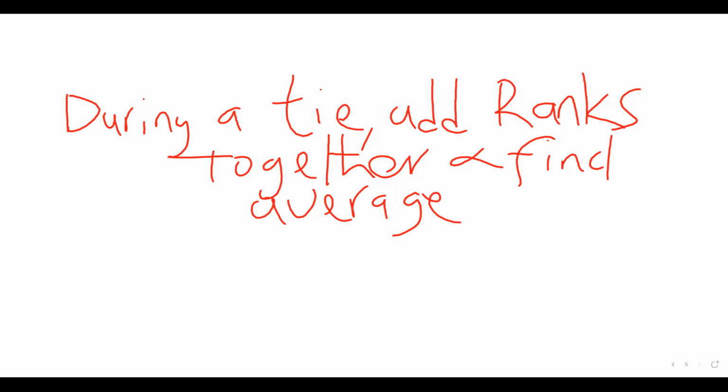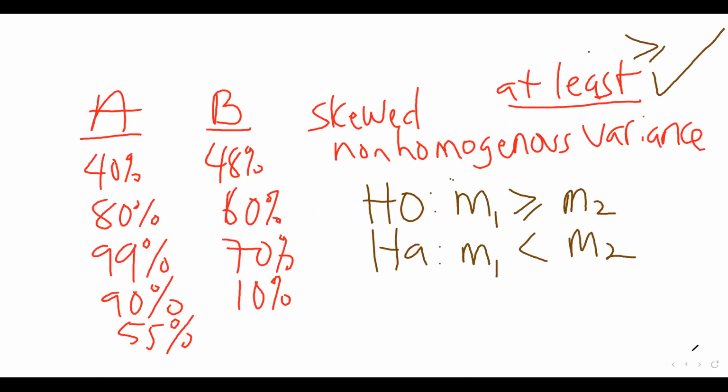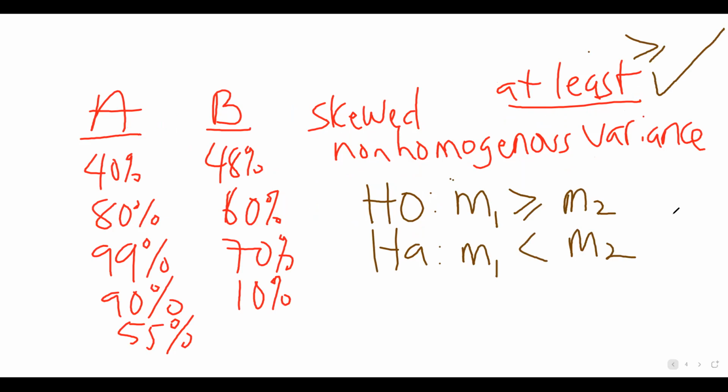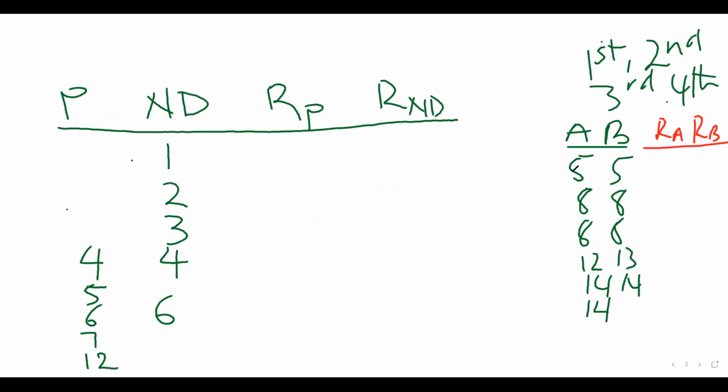Let's go back to where we were before. You can see that in this context, one should have been 5, and this one would have been number 2, but there's a tie. So you would give this one number 1 and this one number 2, but you don't give it to them. You add the ranks. So you do 1 plus 2, which is 3.